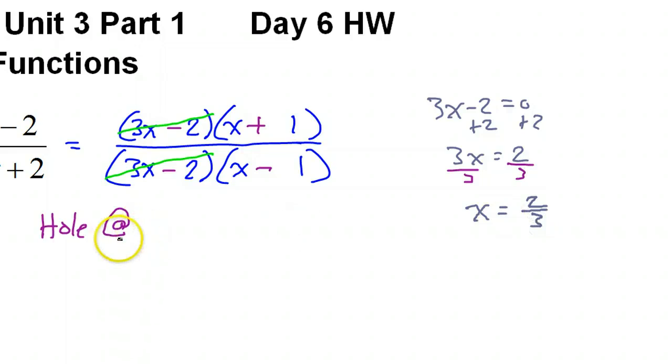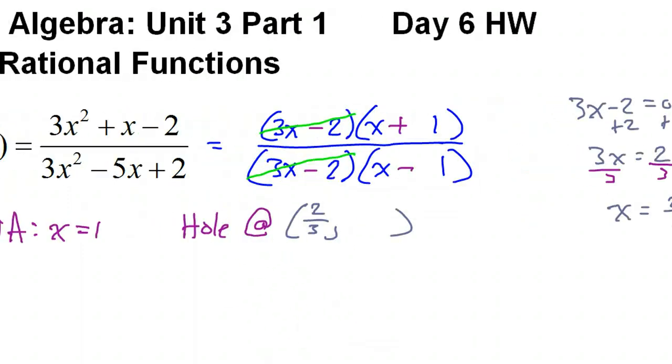So that is the x value of my hole. I will have a hole at 2/3 comma something. We'll come back and figure out what that y value is in a second.